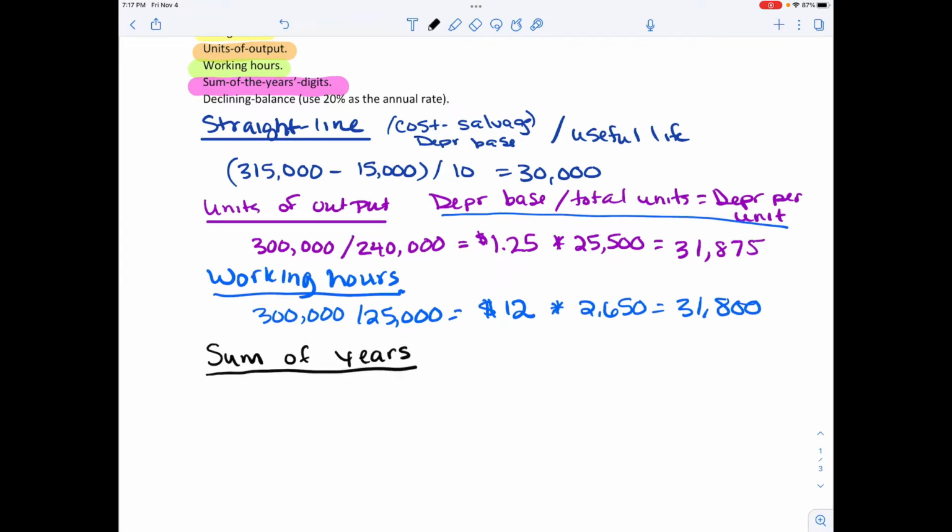You're literally finding the sum of all the years you're going to use this. So I would go and say this is a 10-year salvage value. The first thing I want to do, unfortunately, is add all those numbers together.